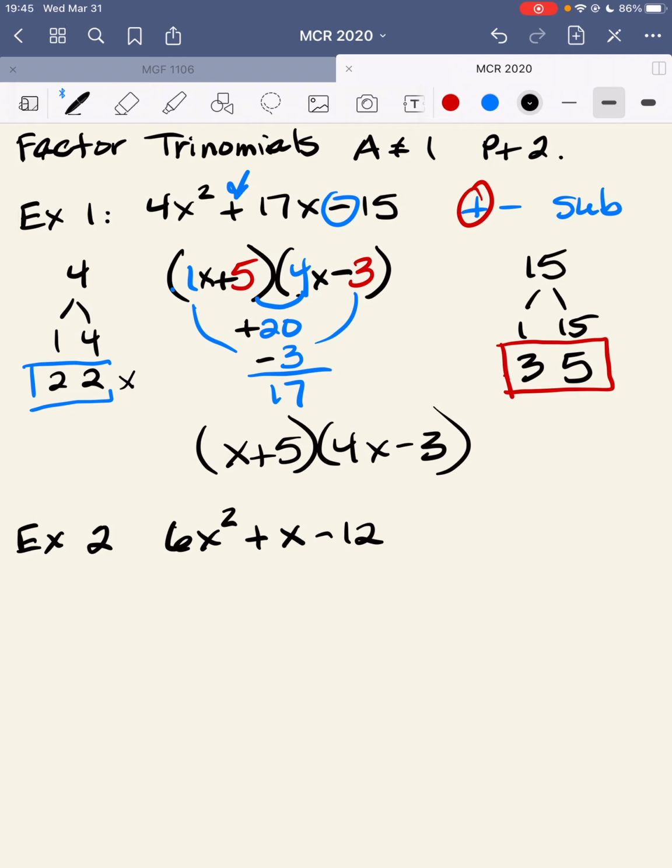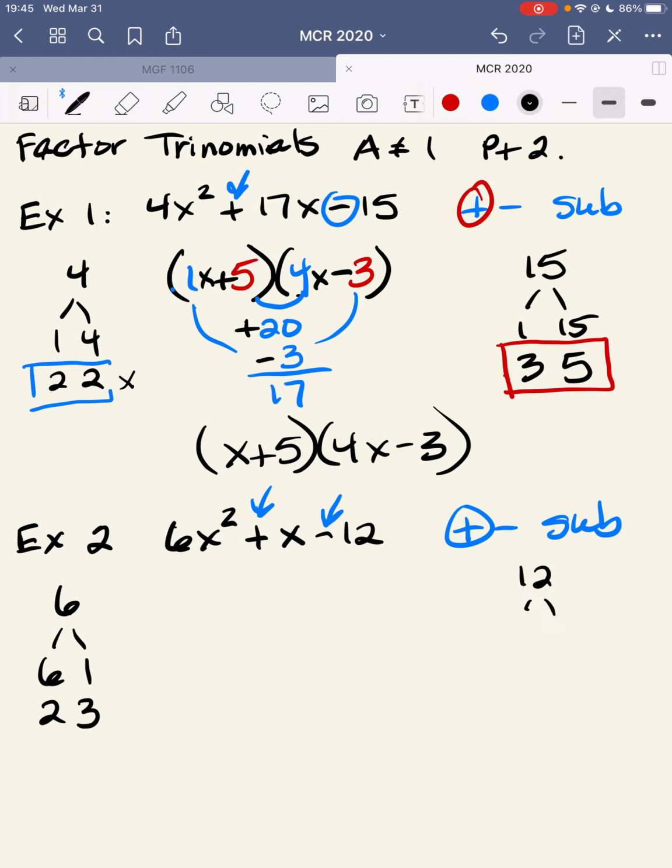All right, example 2. Again, I'm going to go ahead and have opposite signs. My largest now is going to be plus. Notice I always make a little reminder of who's the biggest one by circling it. So I still need to perform subtraction. All right, so factors of 6. In the front are 6 and 1 and 2 and 3.